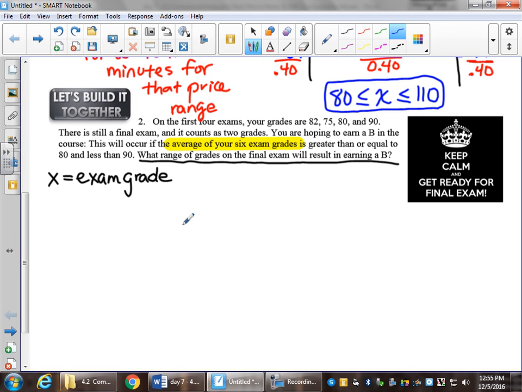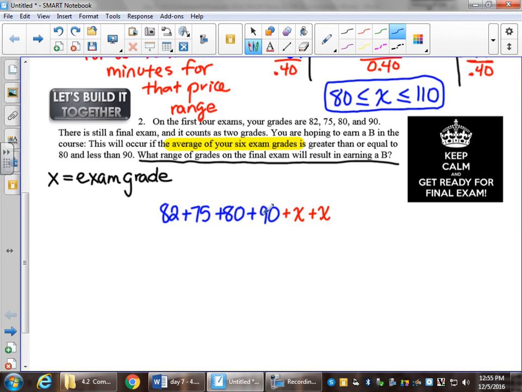How do you calculate average? Well, I know 6 of my grades, right, or 4 of them. I know 4 of them, 82 plus 75 plus 80 plus 90. That's 4 of the 6. The other 2 that I don't know are represented by X. So plus X plus X. Those are the 2 grades we don't know yet.